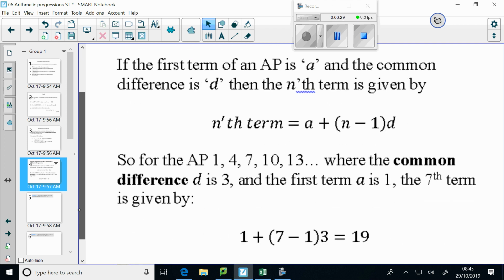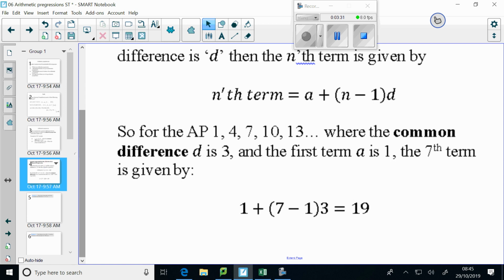So for the AP 1, 4, 7, 10, 13 that we used as an example earlier, where the common difference D is 3 and the first term A is 1, the seventh term is given by 1 plus brackets 7 minus 1 times 3. That's equal to 19.